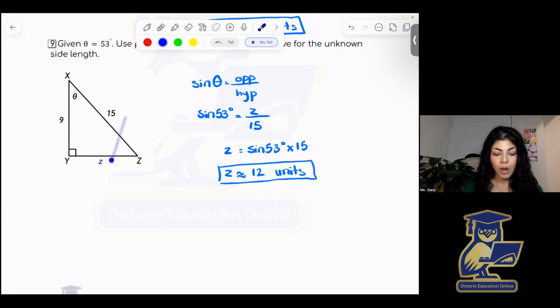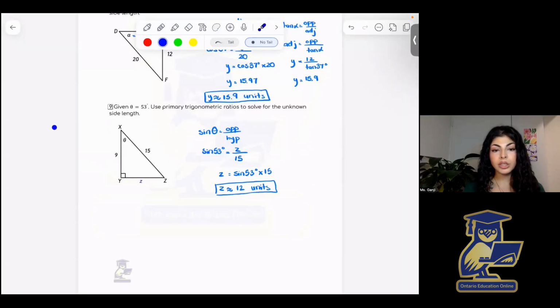Another way is also, once you have 12, you have a right angle triangle with two side lengths. Then you could have also used the Pythagorean theorem to do 15 squared minus 12 squared, and you would have got 9 squared, which would give you the side length of 9 here. So, lots of connections between the Pythagorean theorem and trigonometric ratios.